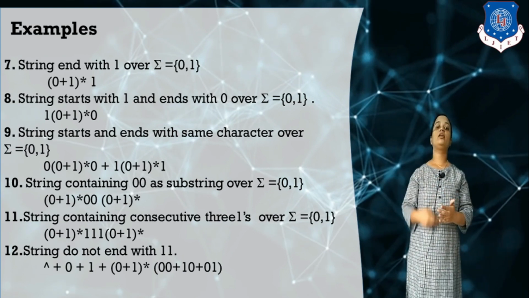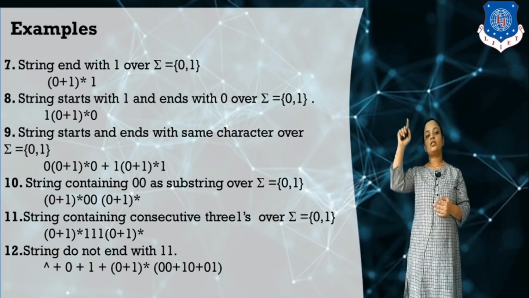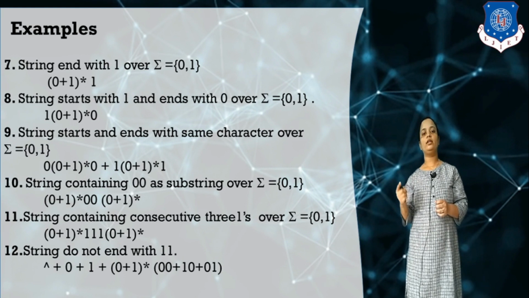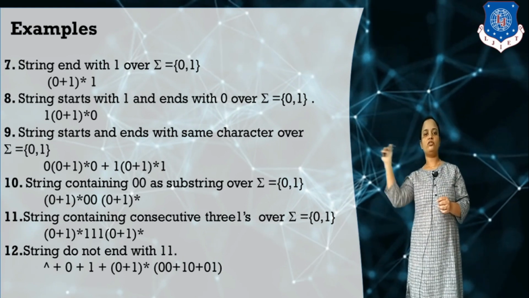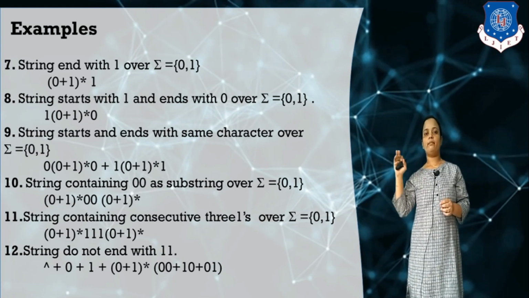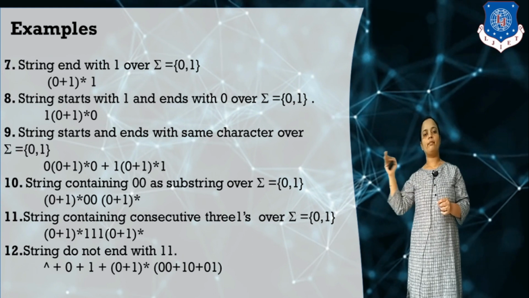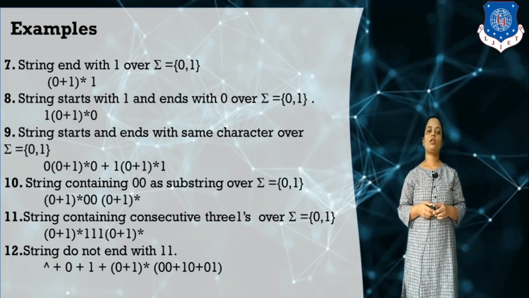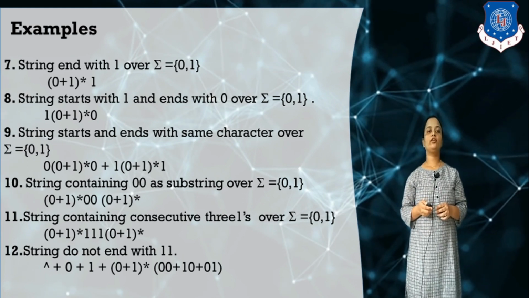Suppose I want to generate length 3 strings; in place of star I can put 1. So either you can pick up 0 or 1, and it is combined with the length 2 strings. So it generates a length 3 string like this: length 2 combined with length 1 generates length 3, length 2 combined with length 2 gives 4, 5, 6 like this. I hope it is clear to you.